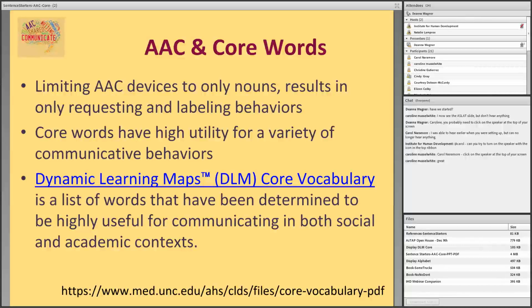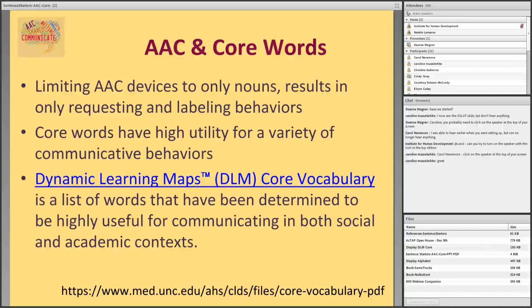Core words have been around for a long time, and the people at the Center for Literacy and Disability Studies have worked on a project called the Dynamic Learning Maps to develop a list of core words that are highly useful for communicating in social and academic contexts.